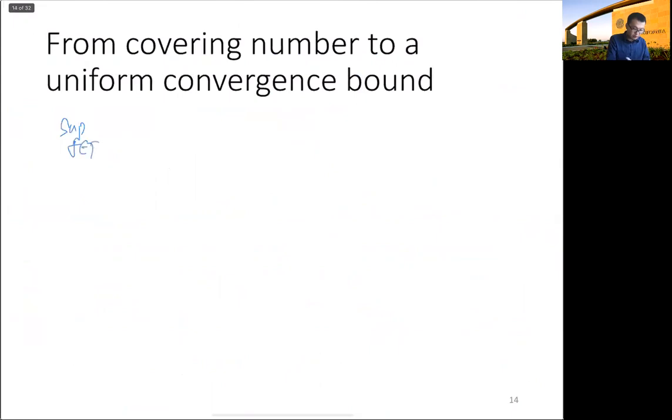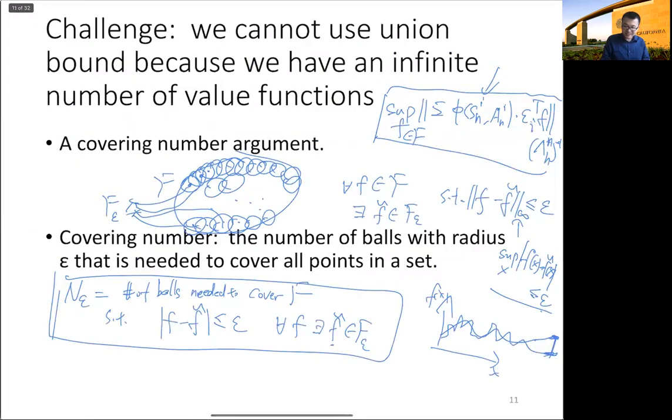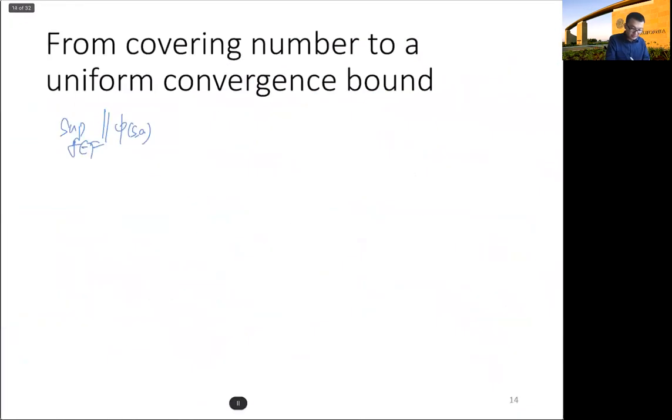Of f in the function class, phi s a. I remember there's a summation somewhere. Okay, I see. Summation phi s_i a_i epsilon_i transpose f. Right, so this is a quantity that we are interested in, and we have this lambda h n inverse.